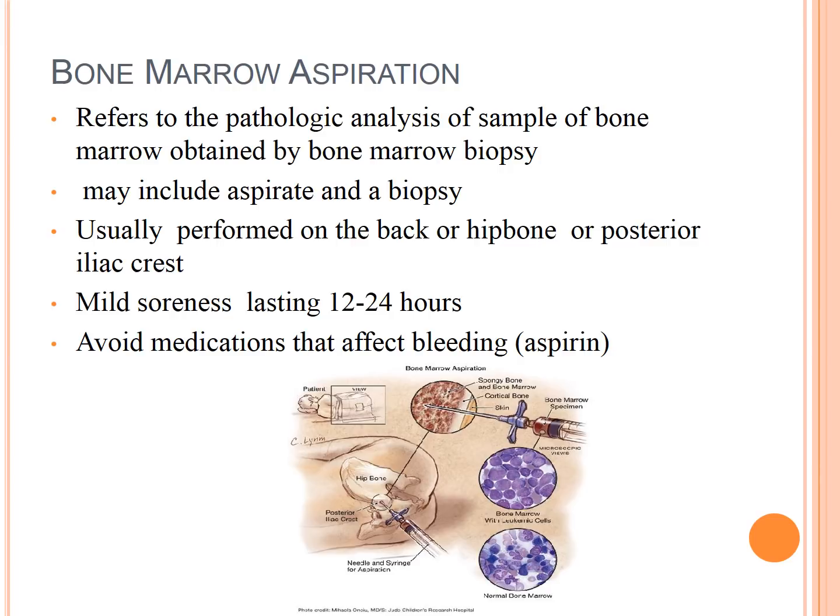You want to avoid any medications that are going to cause bleeding after the procedure. And then you're also going to monitor for signs and symptoms of infection, their risk for infection. You're going to put that dry, sterile dressing over it when it's all complete. All right, and this can be done in the back hip bone or posterior iliac crest, or sometimes even in the sternum.